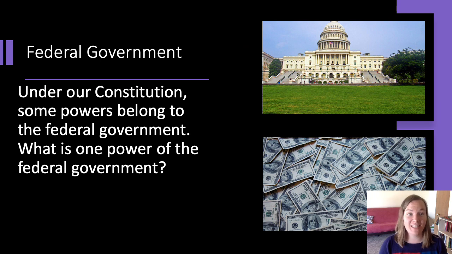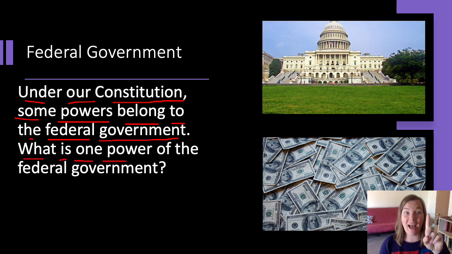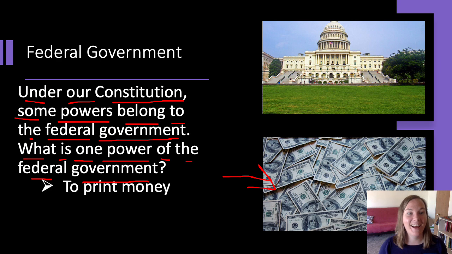Now let's practice. Under our Constitution, some powers belong to the federal government. What is one power of the federal government? To print money.